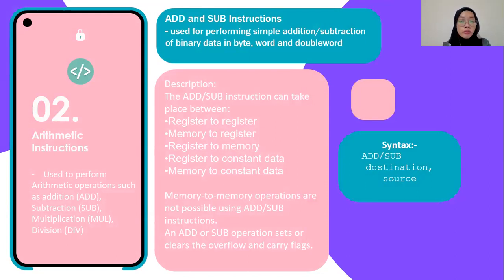Memory to memory operations are not possible by using ADD or SUB instruction. ADD or SUB operation sets or clears the overflow and carry flags. So the syntax for ADD and SUB instruction is ADD/SUB destination, source.